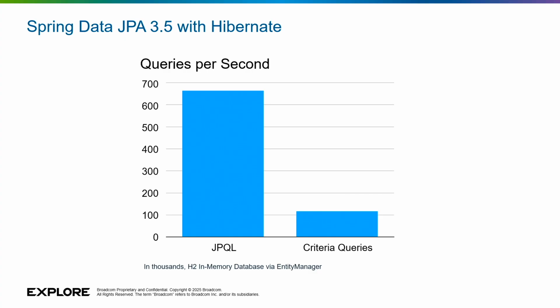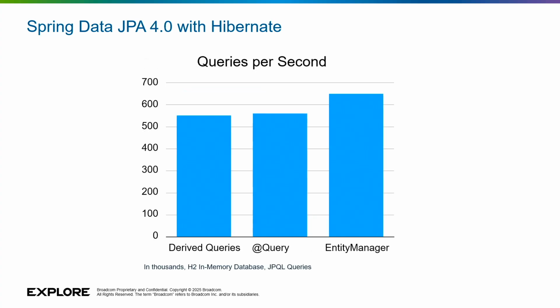So it's slow. Now, as you can see, by getting rid of the criteria API being used behind the scenes, everything's starting to look more like the JPQL performance with the entity manager, at query, derived queries. Things are behaving where we would expect them to be.